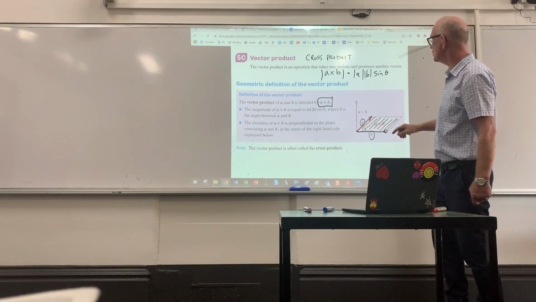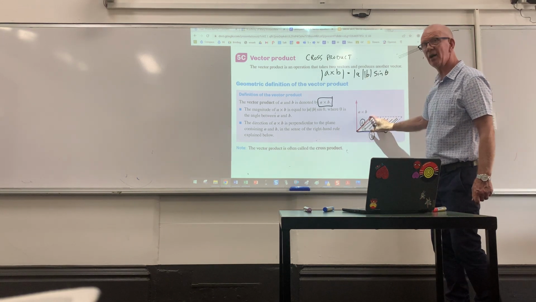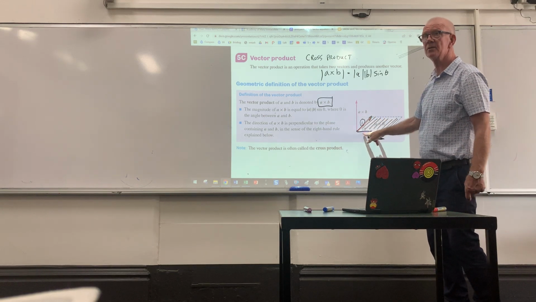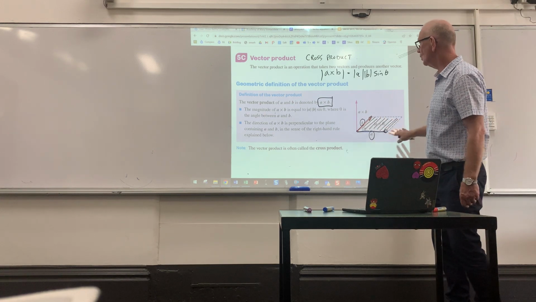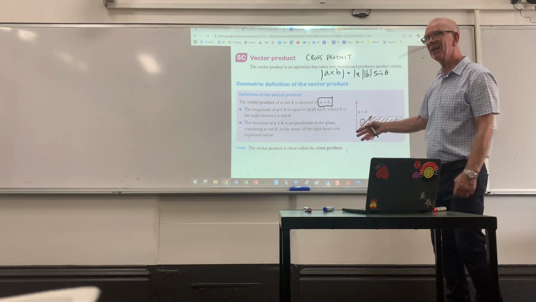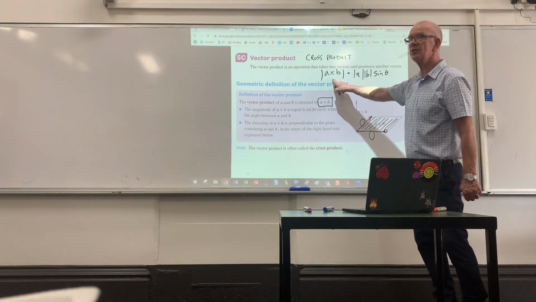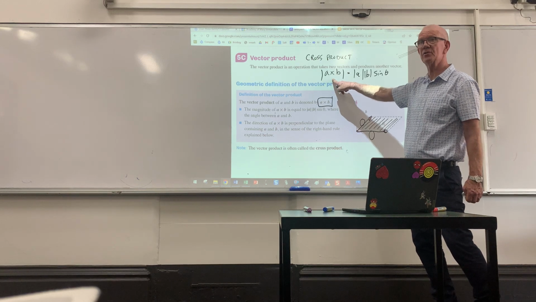And it's just a little bit to do with the fact that this sine theta times magnitude of B will give you the height because of the right angle triangle, and you've got the base, so it ends up being the formula for a parallelogram. So if we're looking for the area of the parallelogram, then the magnitude of the cross product will give it to you.